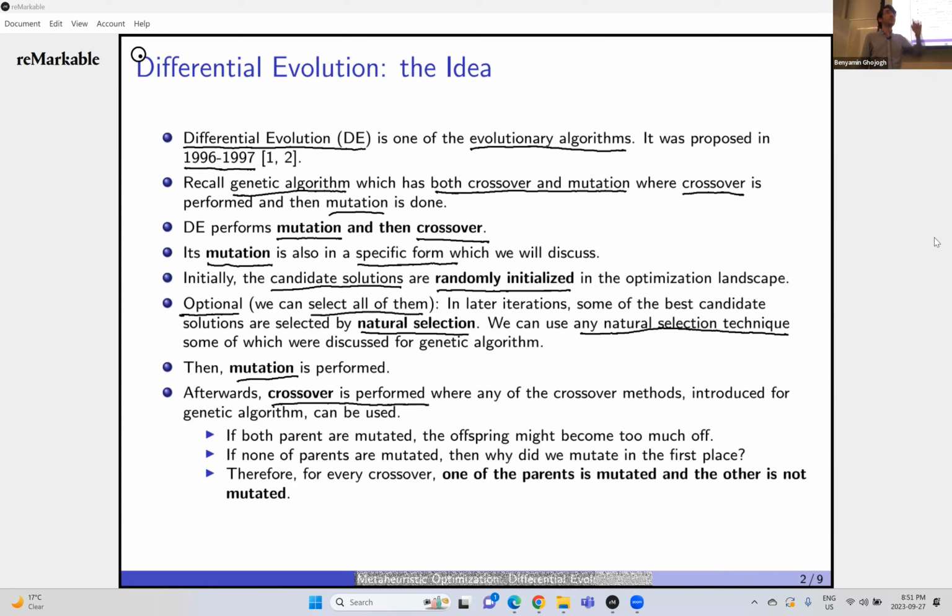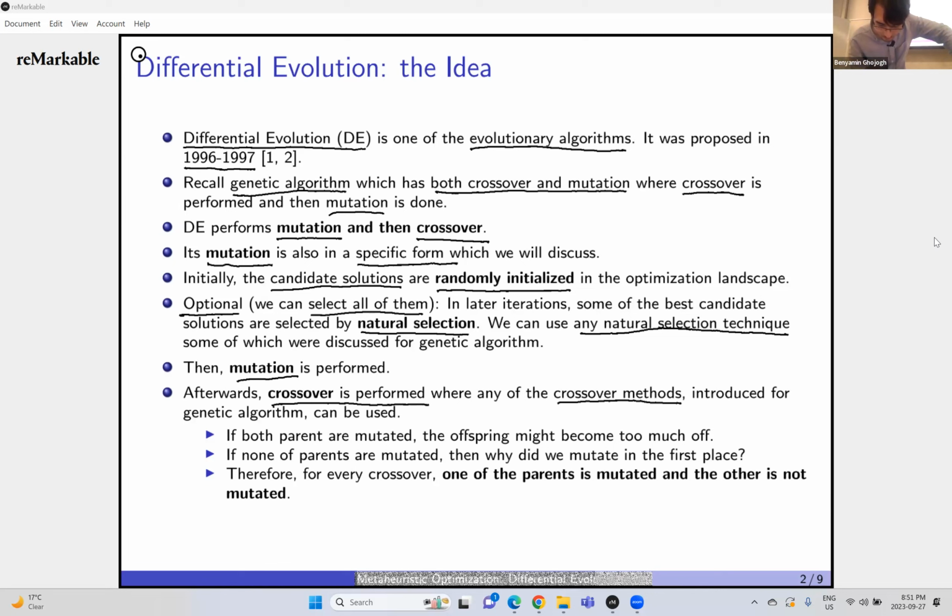So we have mutation and then crossover, not crossover and then mutation. Any crossover method that we talked about in genetic algorithm can be used. So now you understand why the lecture on genetic algorithm was very important. This idea is used a lot in different algorithms, all right?